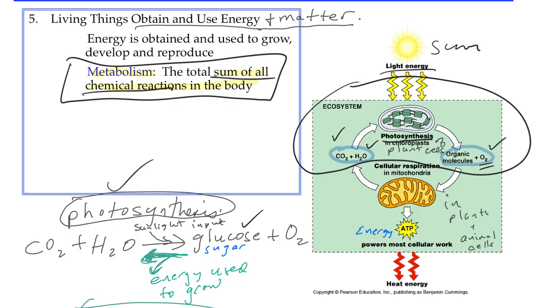Photosynthesis is making glucose from carbon dioxide and water and releasing oxygen as a waste product. That's photosynthesis, the metabolism that plants use. We can't do photosynthesis.